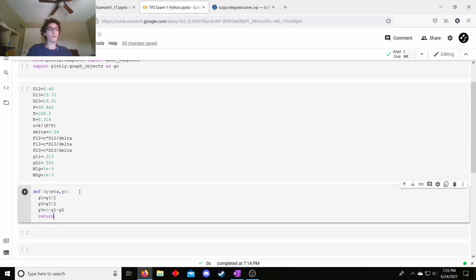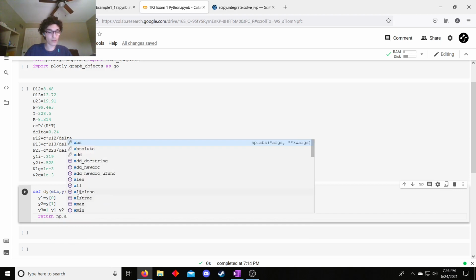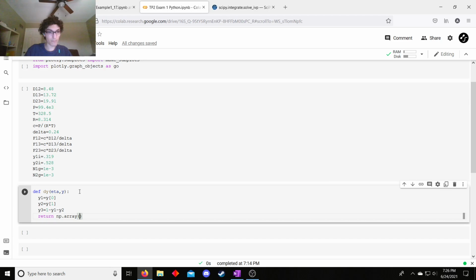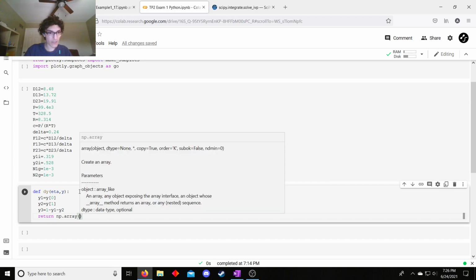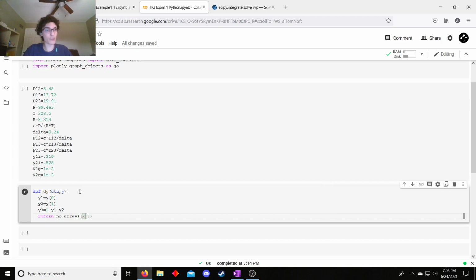And what we want to do is return an array that's going to be our Stefan-Maxwell equations. So I'm going to go ahead and type these in.